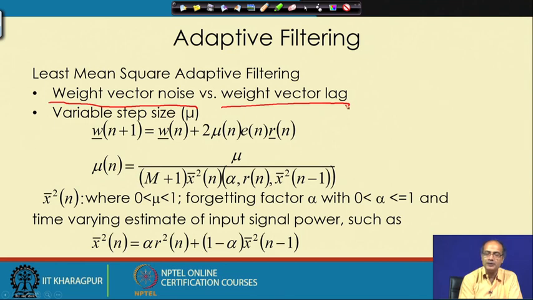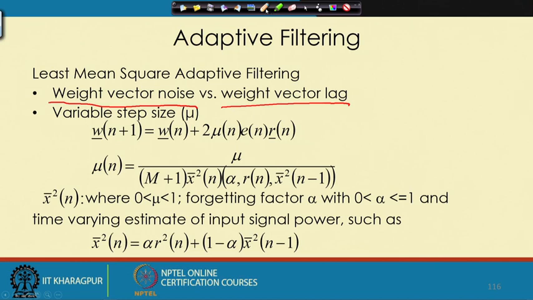Whenever there is a change in the process, the LMS algorithm will change, but because of its lack of speed, it will lag behind, and till it can catch up, there would be high error. So, that is something unwanted.